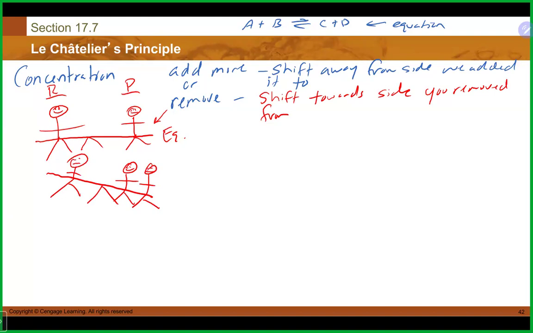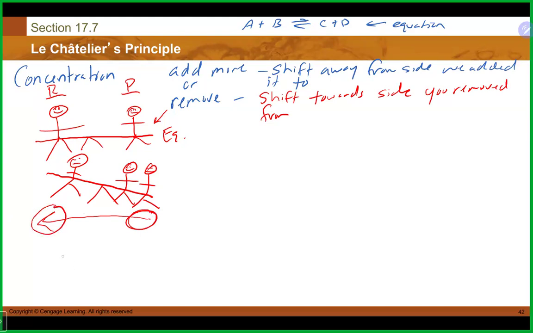And clearly we have screwed up the equilibrium by putting some more stuff on our product side. Now to fix this, do I need more people on my product side or reactant side? I need more people on the left-hand side here. So it's going to shift away from the side I added to the other side.